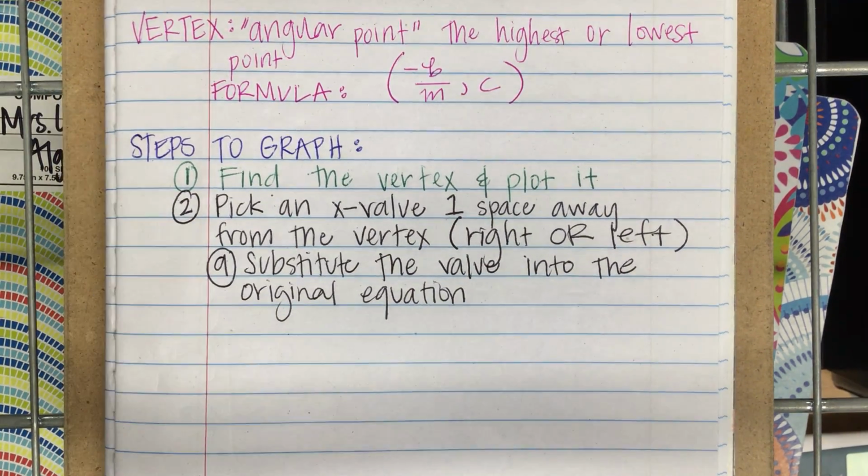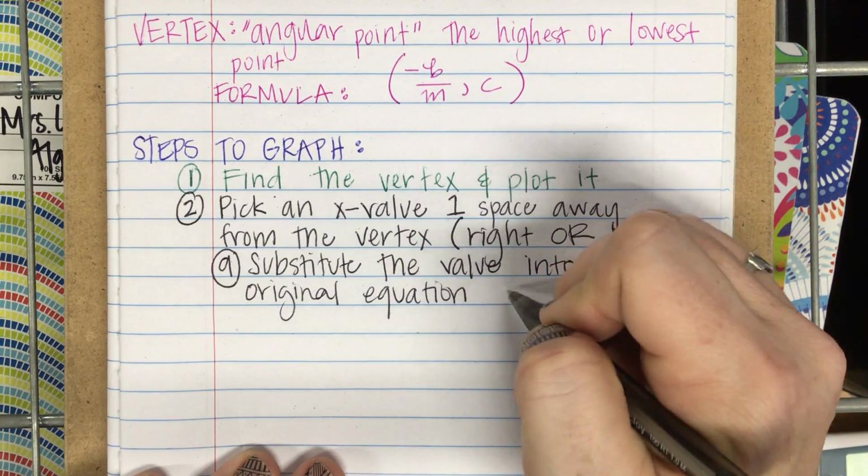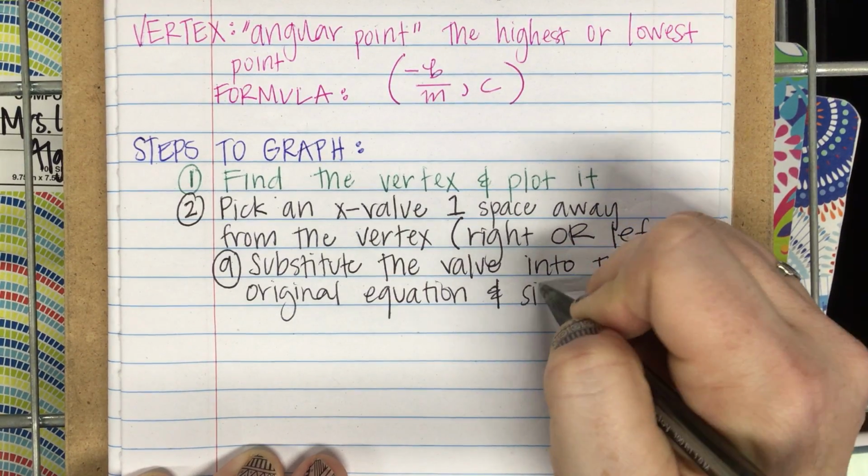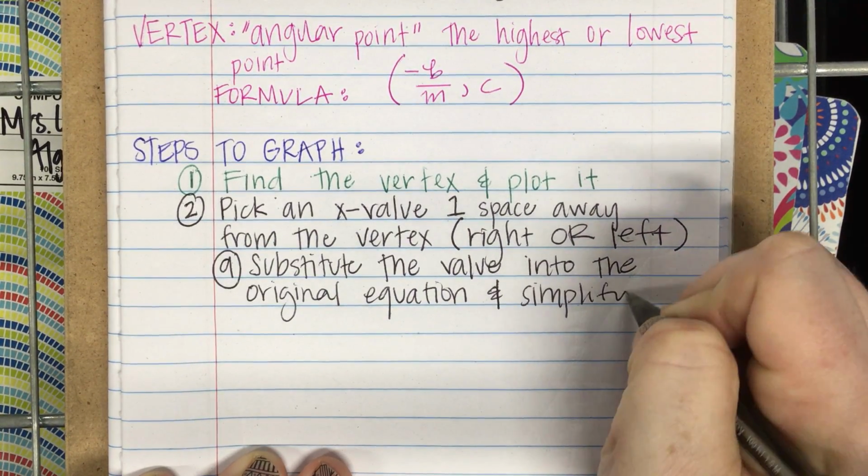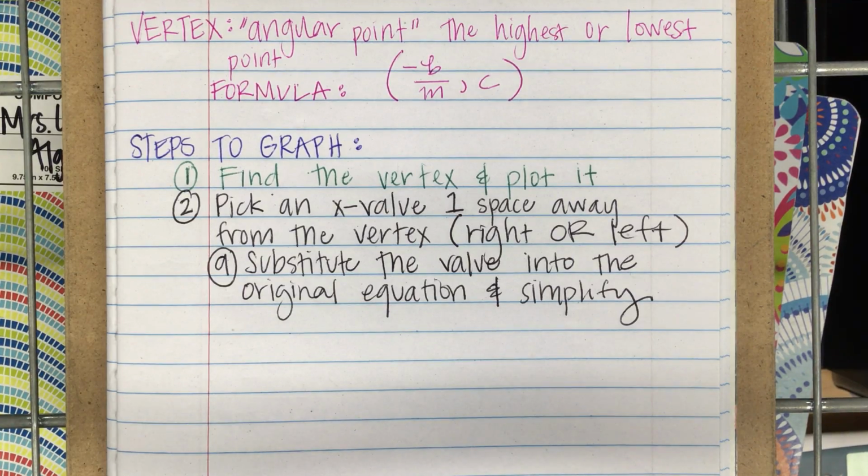So if you pick 1, or you pick -1, doesn't matter, you're going to substitute it into the original equation. And you're going to simplify. What does it mean to simplify? Make it easier, combine it, do the math.